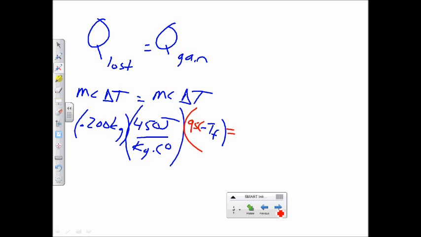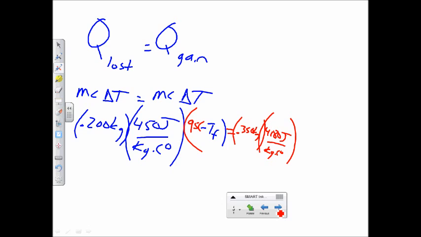And that's got to be equal to the heat gained by the water. Now the problem tells us that we have 350 grams of water. So we'll say 0.35 kilograms. The specific heat of water, 4180, 4186. We'll use 4180. And the water is going to be heating up.